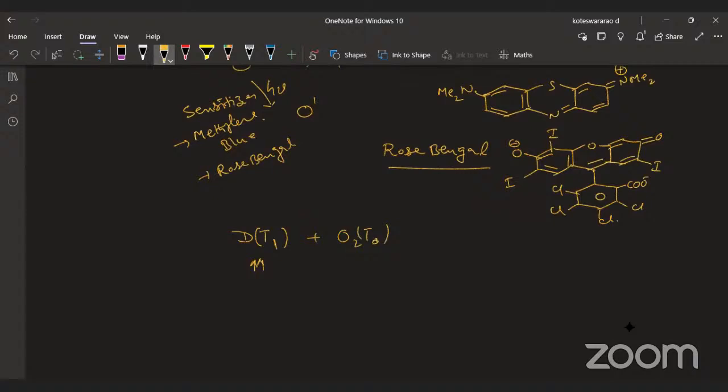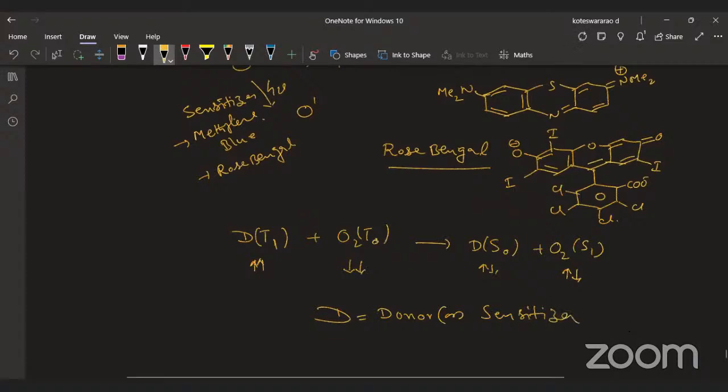Both collide with each other under photochemical conditions. Then, with the exchange of electrons, the donor turns to a singlet state, and the oxygen also turns to a singlet state. Here D is the donor or sensitizer.